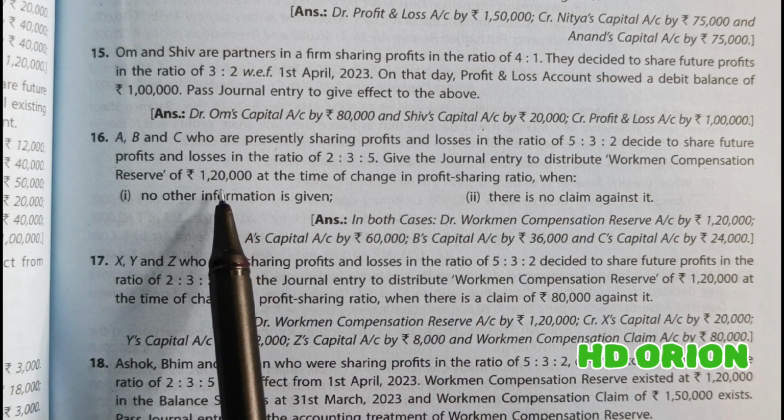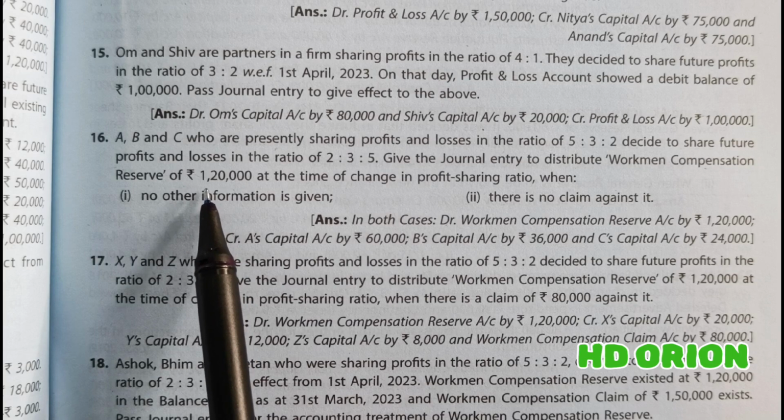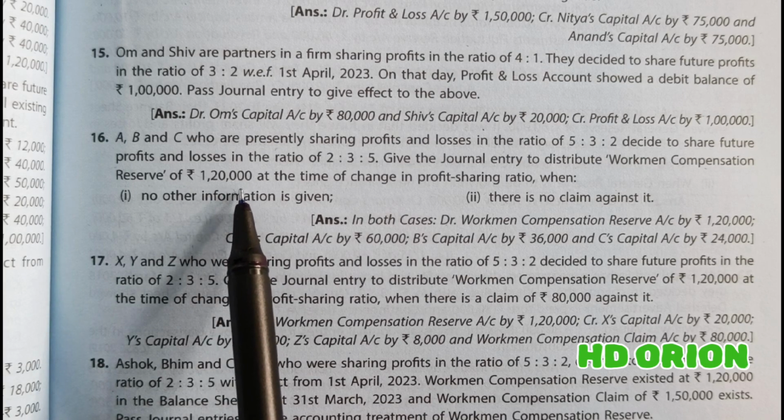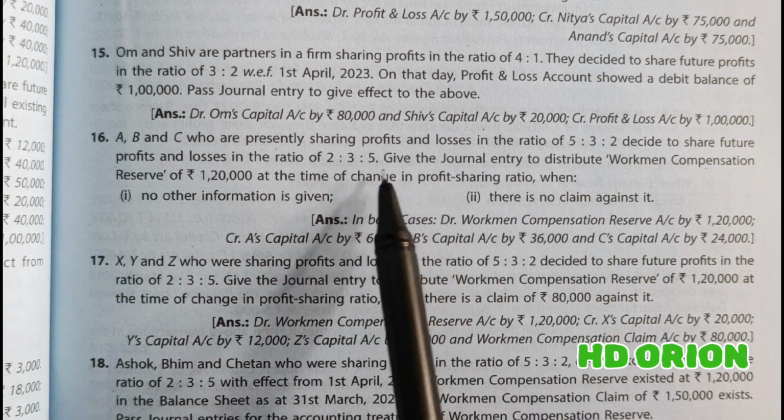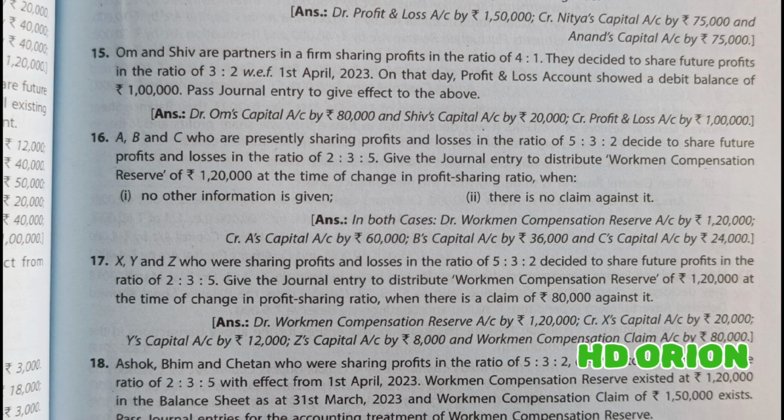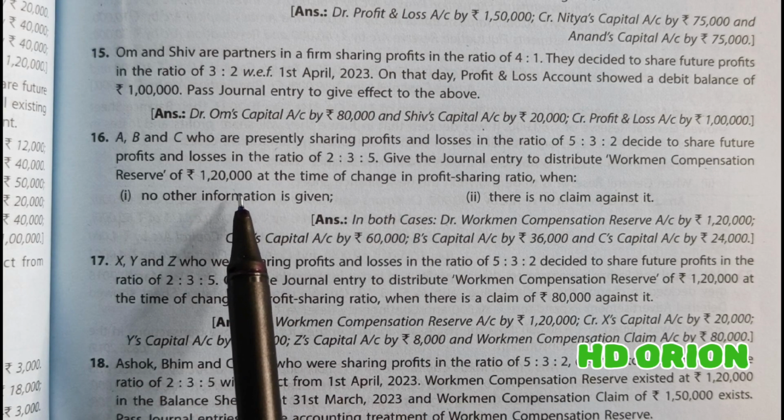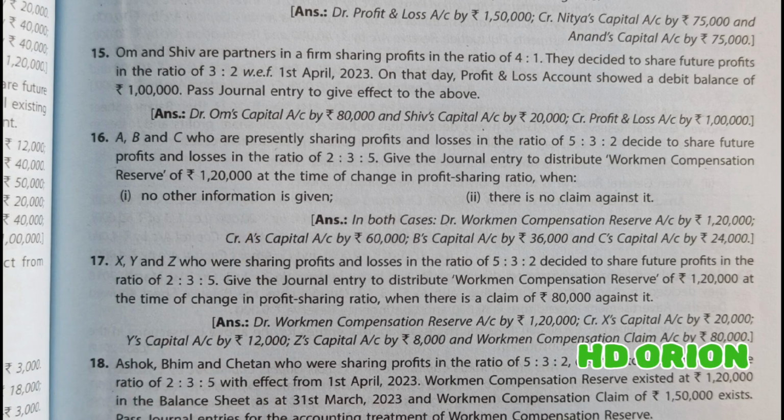For that the firm has kept a reserve of rupees 1,20,000. Now, because the profit sharing ratio has changed, this undistributed profit of previous years in the form of workman compensation reserve has to be transferred to partners' capital accounts, because a new profit sharing ratio and a new design has come in the firm.